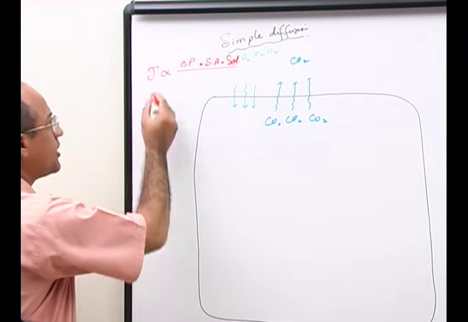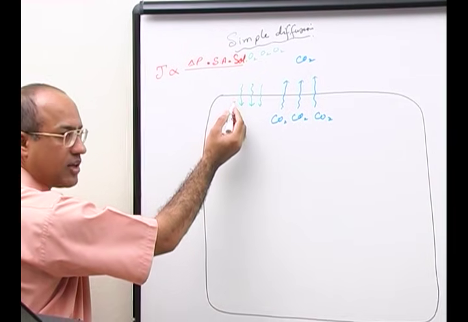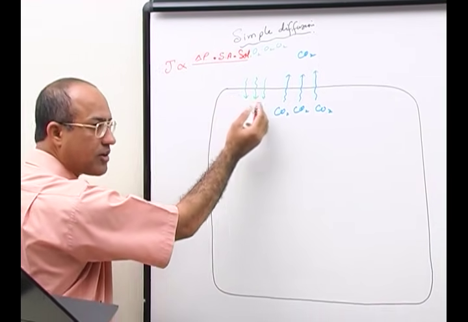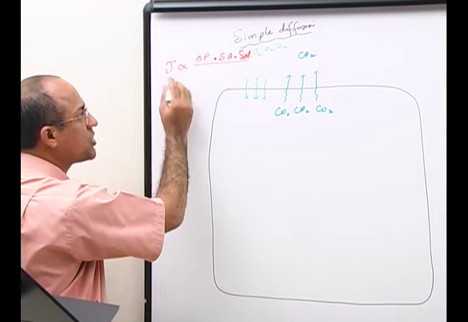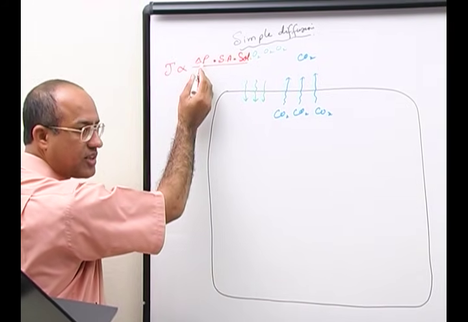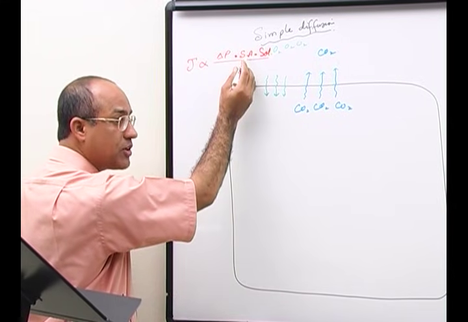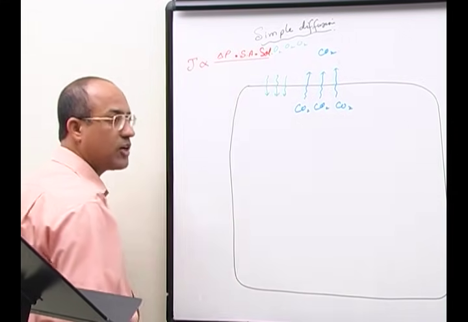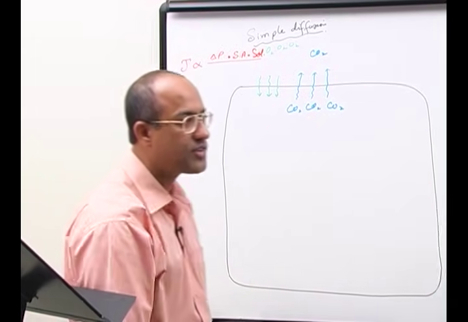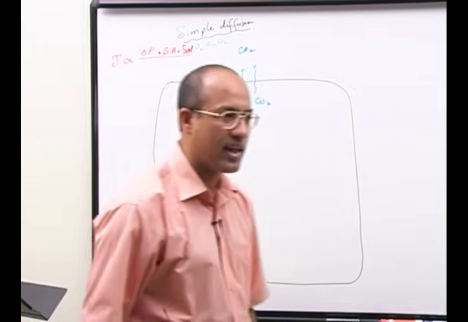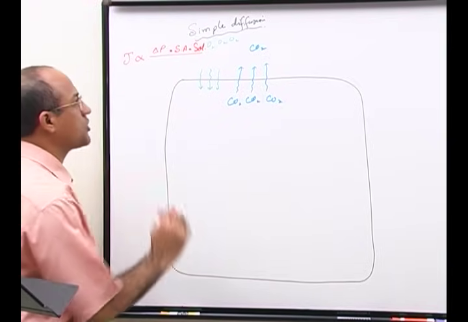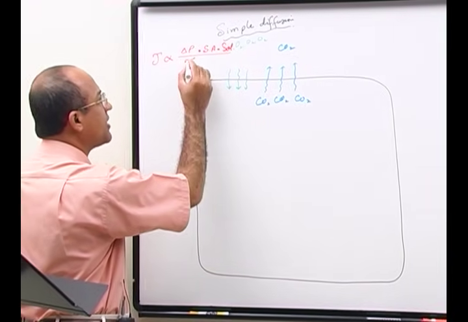So we can say the rate of diffusion of a particular substance across the membrane is directly proportional to the concentration gradient, directly proportional to the surface area of the membrane available for diffusion, and directly proportional to the solubility of the substance in the lipid bilayer. But it is inversely proportional to the thickness of the membrane.